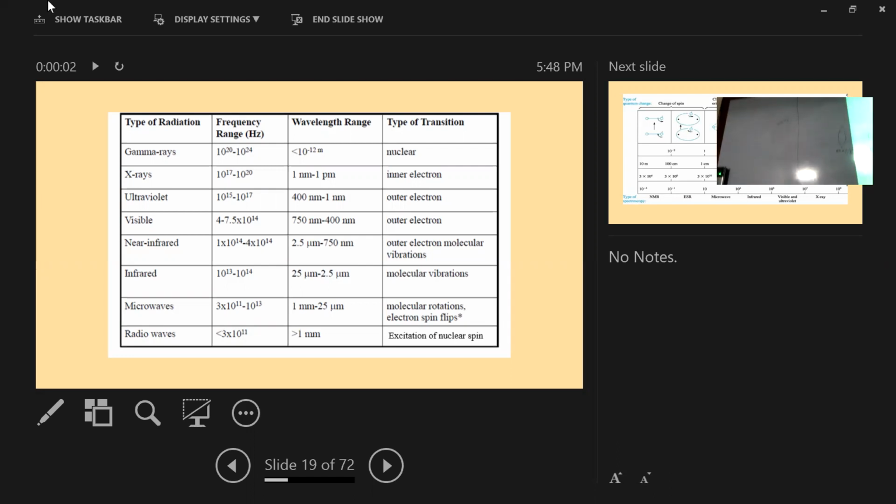If it goes back from the outer shell to the inner one, you will get some radiation, corresponding to the energy it is releasing. Based on that, it will give you some ray or light or emission, so that you get a certain wavelength.